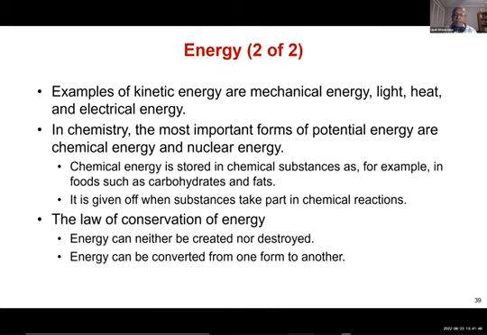We can only convert energy from one form to another. All right? This law of conservation of energy is called the first law of thermodynamics. What is the first law of thermodynamics? It is the law of conservation of energy. Energy is neither created nor destroyed.